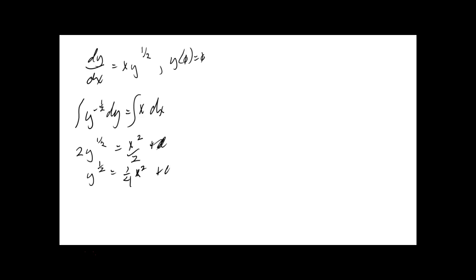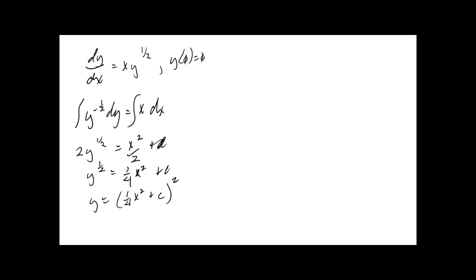All right. Now, if you were to square both sides of this equation, you get y is equal to 1/4 x squared plus c, squared. Okay? Now, given an x, any old x, you can get a y.